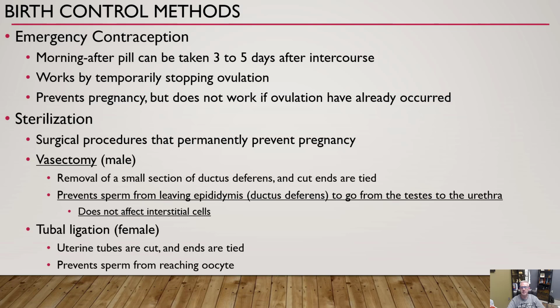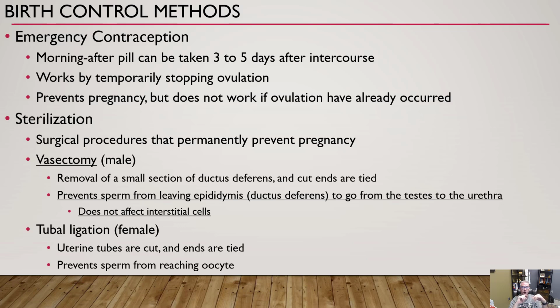It usually can be taken 3 to 5 days after intercourse. It works by stopping ovulation. It prevents pregnancy, but if ovulation has already occurred, obviously it will not prevent that, because ovulation has already happened. And then now it's more common to see sterilization procedures.